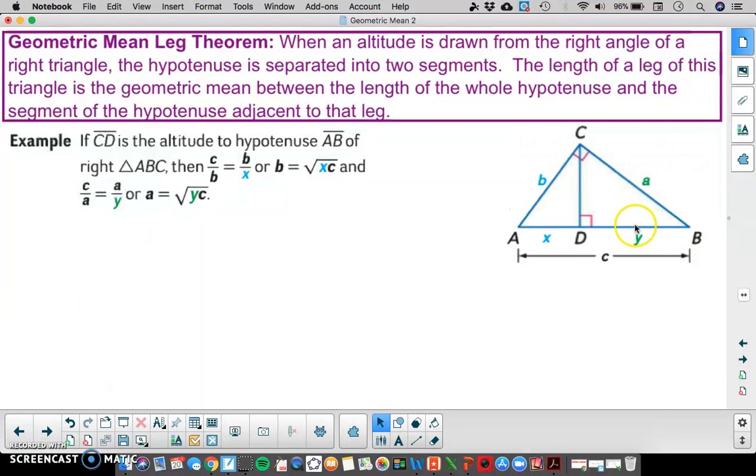Notice these become leg lengths of the two smaller triangles. The length of a leg of the bigger triangle, like B or A, is the geometric mean between the length of the whole hypotenuse and the segment of the hypotenuse adjacent to that leg.